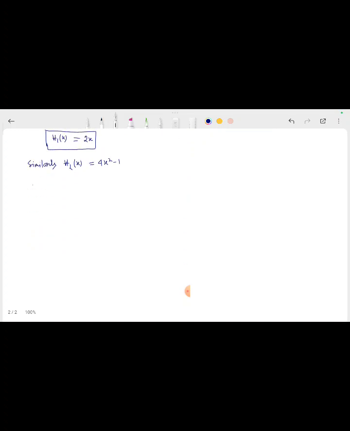So we have the ground state eigenfunctions, right? What are the ground state eigenfunctions?